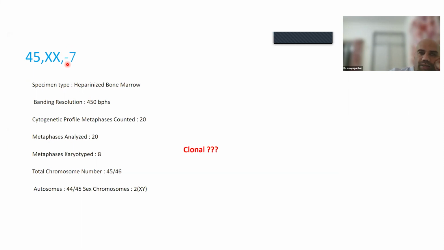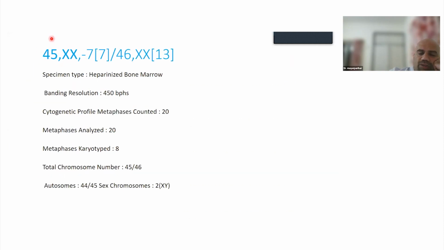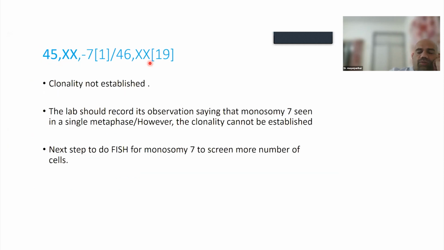So you need to ask, is it clonal or is it just a random abnormality? How many metaphases have monosomy 7? This is the kind of report you're looking for: 7 metaphases have monosomy 7 and 13 metaphases are normal. Whenever only one metaphase shows a monosomy, the clonality is not established.